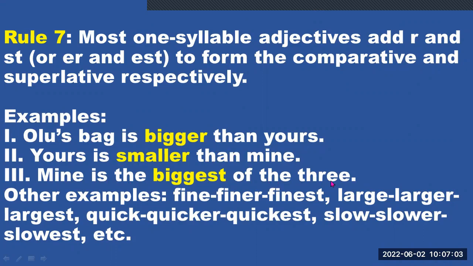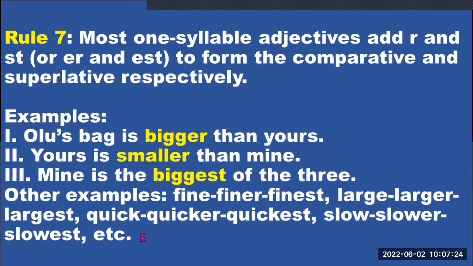Mine is the biggest of the three. So you can see big, bigger, biggest; small, smaller, smallest. And then there are other examples like fine, finer, finest; large, larger, largest; quick, quicker, quickest; slow, slower, slowest, and so on and so forth.